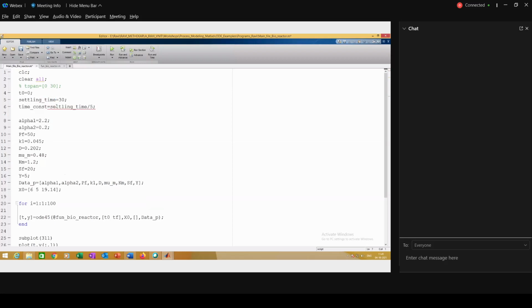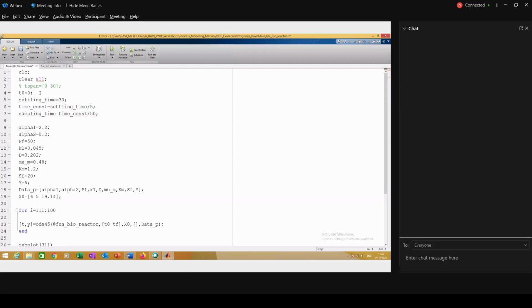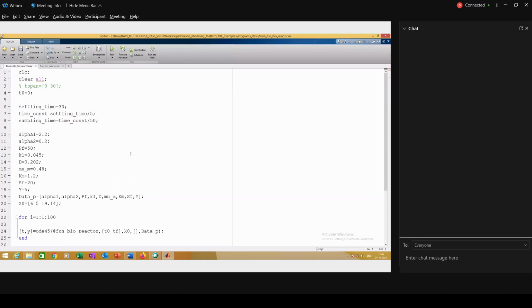Then I have the sampling time, which is the time constant divided by 50. So these are the changes I made after I simulated the initial response. Let's see how much sampling time comes. The sampling time is 0.12.